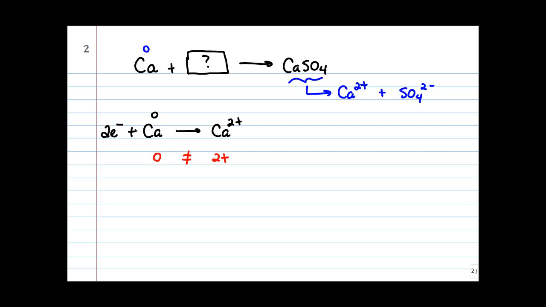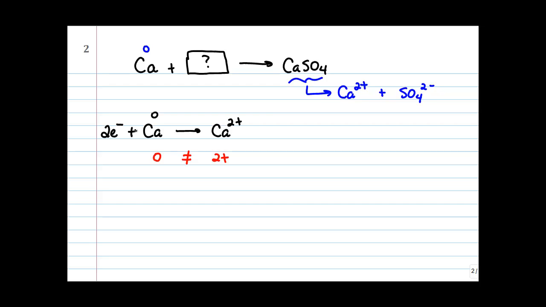That's the only thing we have to trade, the only thing we've got to use. And I think you see, hopefully, that we're off by 2 charges here. So I want to add 2 electrons somewhere to get everything balanced out. I'm just going to start on the left, and let's see what happens.